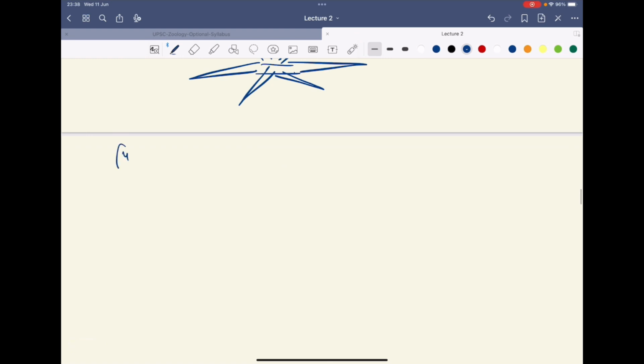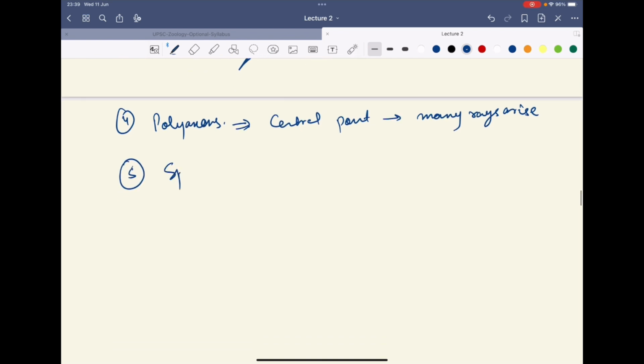And there are also polyaxons. They have a central point and many rays arise from this central point. Then we have spheres. These spheres are rounded bodies.